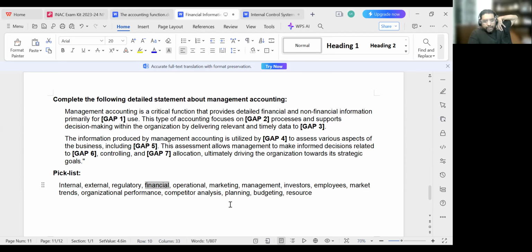Then we have, the information produced by management accounting is utilized by, again, because this is only used by the managers, the option would be again management. The information produced by management accounting is utilized by management to assess various aspects of the business, including dash.